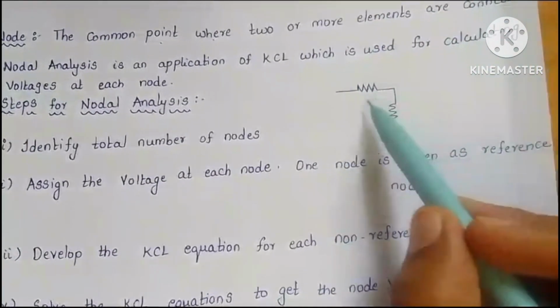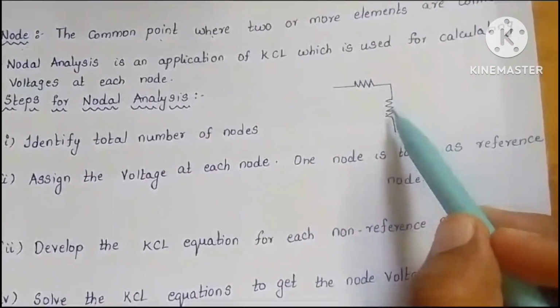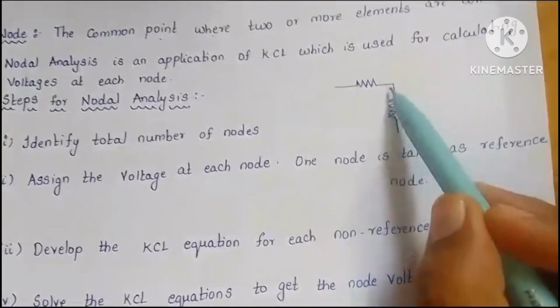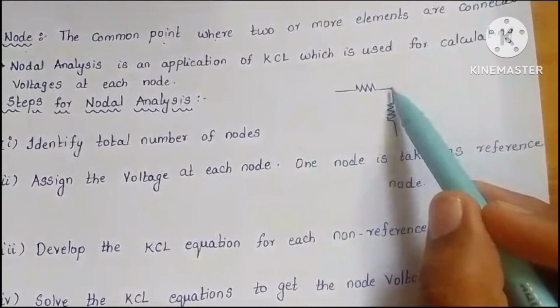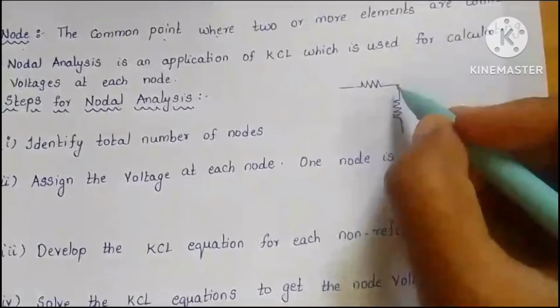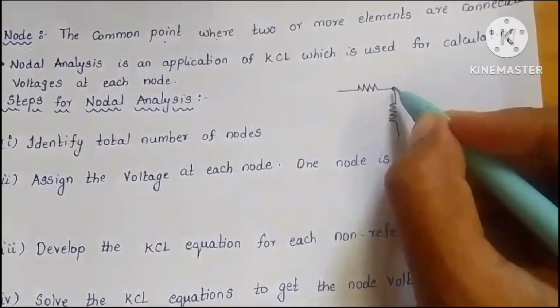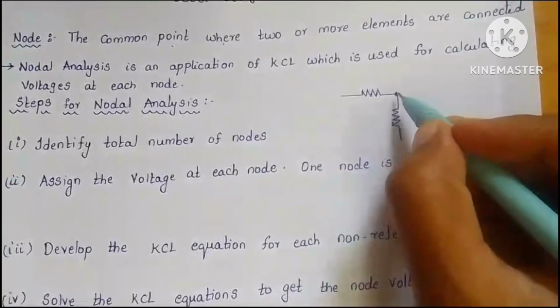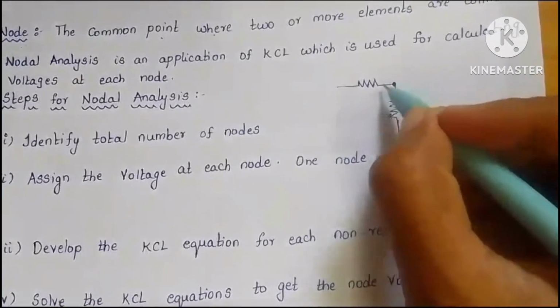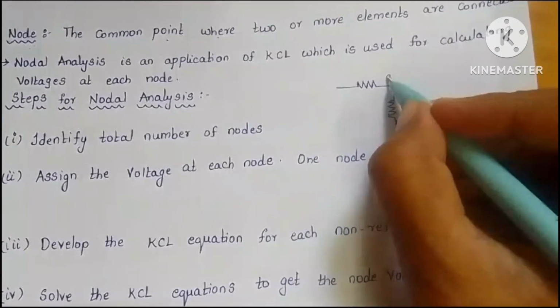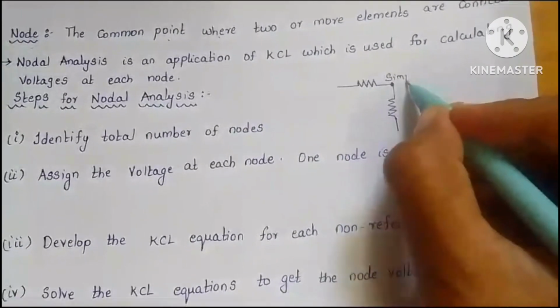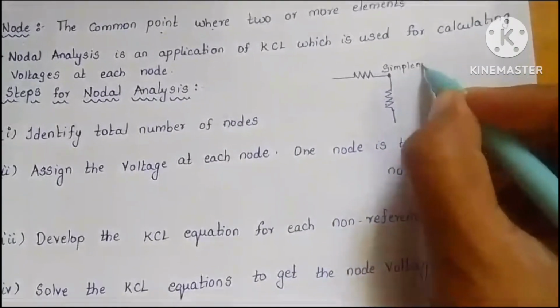So let us take this particular circuit where we have connected two resistors. The intersection point of these two resistors is this particular point. So this point is termed as a node. But here, as only two elements are connected, this particular node is known as a simple node.